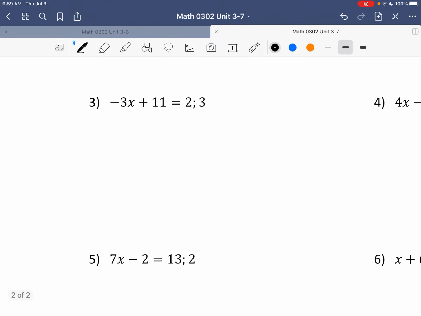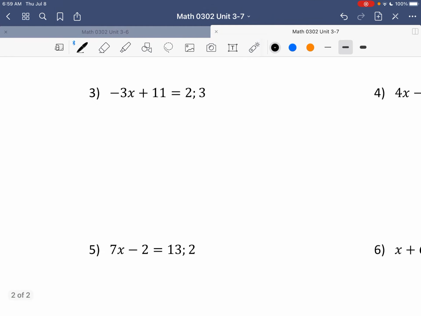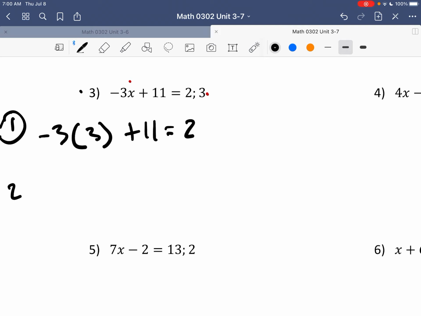It's asking us: is the number 3 a solution of the equation negative 3x plus 11 equal to 2? Let's do this in steps. In step 1, we'll do the substitution. So that'll be negative 3 times the number 3, plus 11 equal to 2.